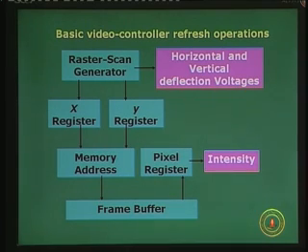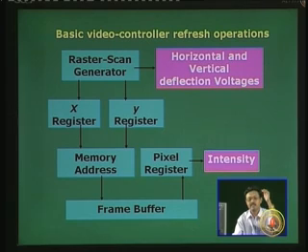What do you need to drive to the monitor? You need to give input to the monitor two things: where the beam should be and what should be the intensity of the beam. I repeat again, the beam is being scanned from left to right, each scan line from top to bottom, back again to the top, that is fine.